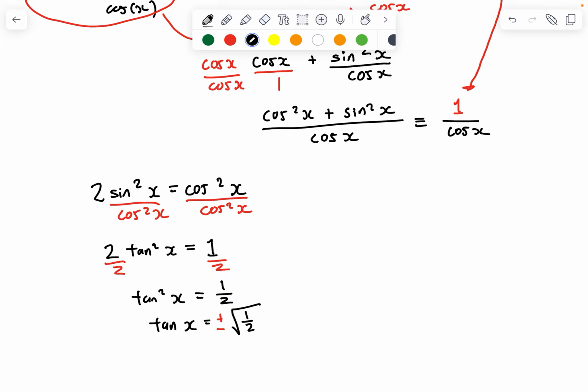Okay, so now what I'm going to do is use my calculator and ask what is the angle whose tan is that. So let me make sure I've got the right thing. My angle input, I want it in degrees. I'm going to do shift tan, or arctan, of the square root of 1/2.